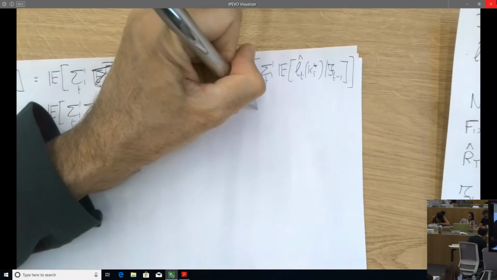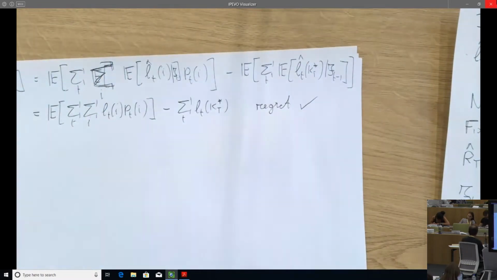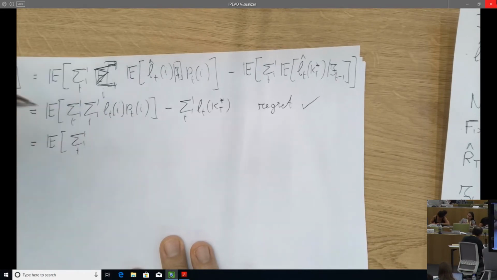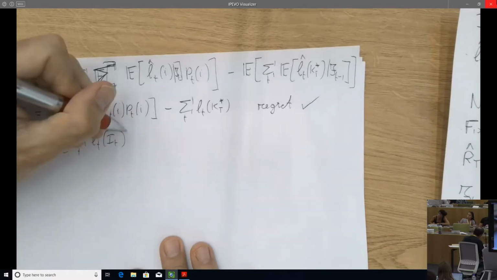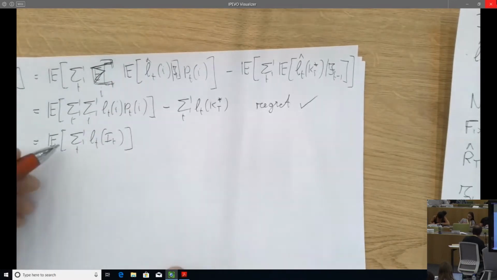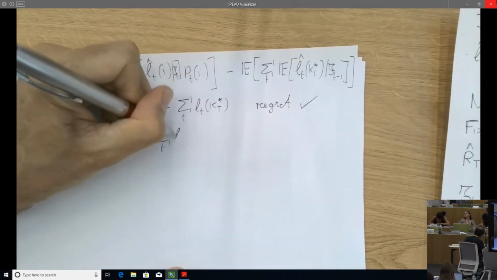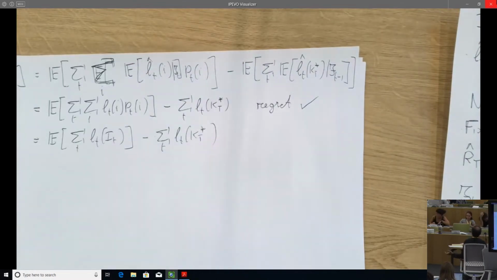This is the regret, right? Why is it regret? Well, if you want to see it, you can write this part here as a sum over t, and then LTIT. So this is the expected cumulative loss of the algorithm itself, and this is minus the expected cumulative loss of the best action. And this is our notion of regret.